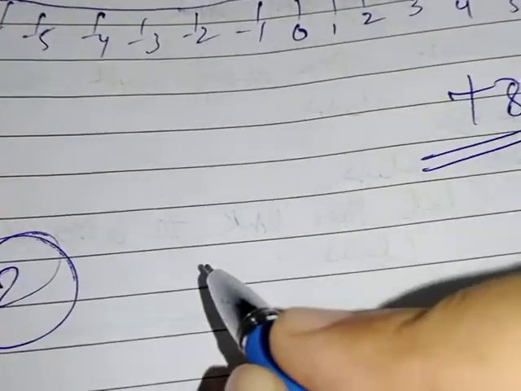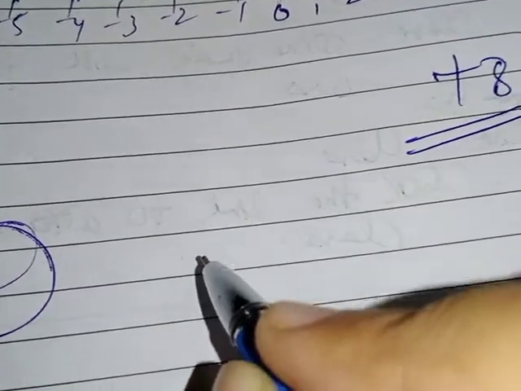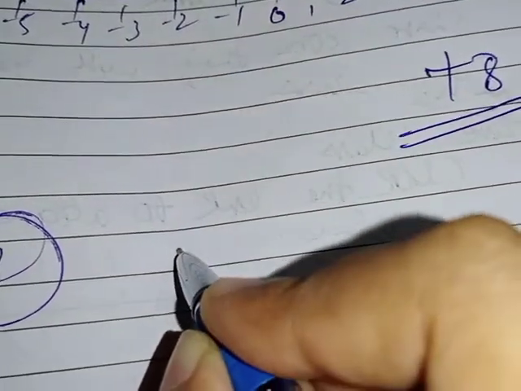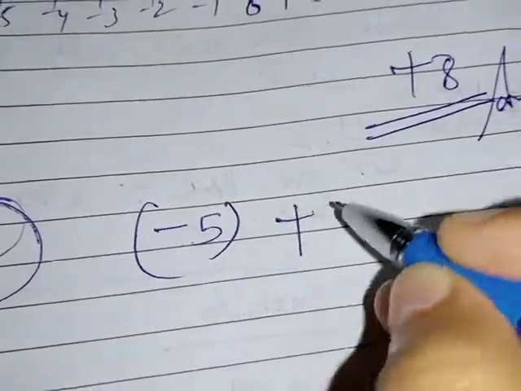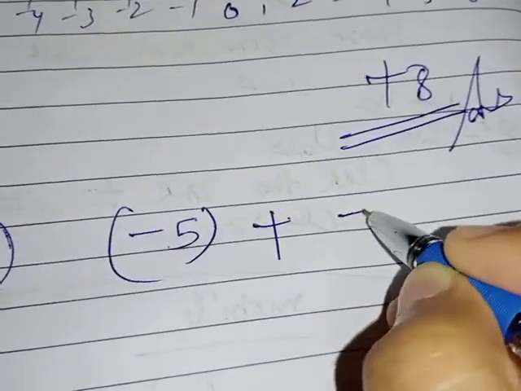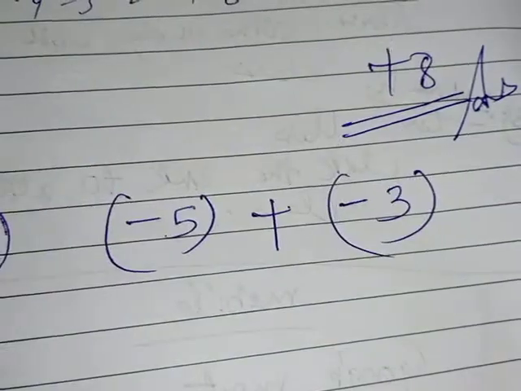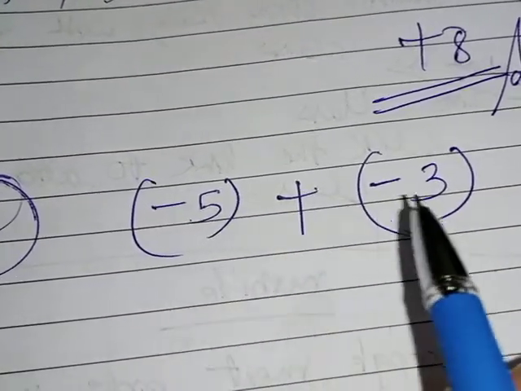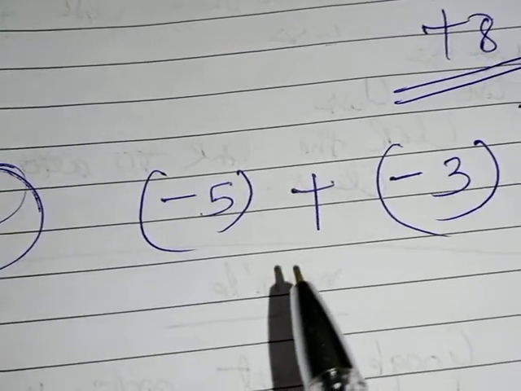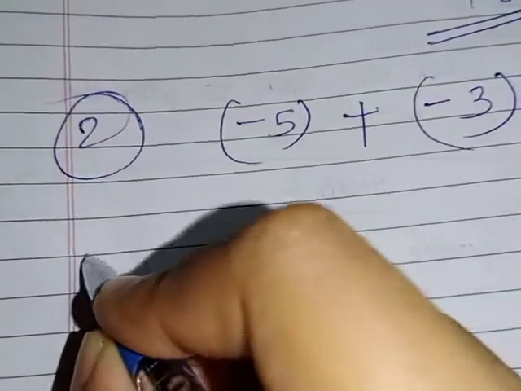Now another example I'll give you. When we have two negative integers, suppose we have minus 5 plus minus 3. Suppose this is our question. When we have both negative integers, how to solve them on the number line? Pay attention carefully.